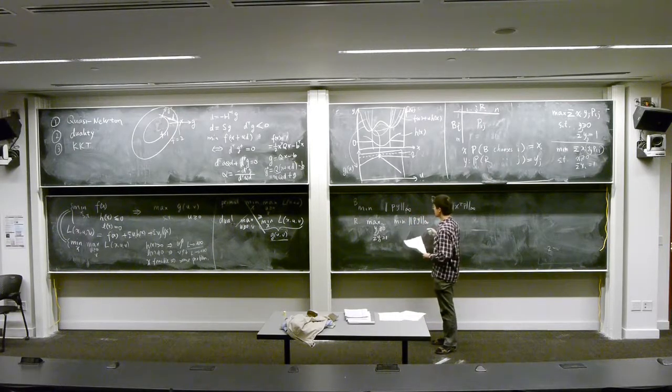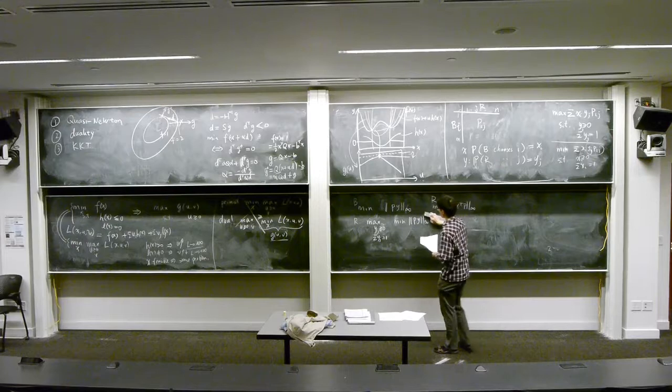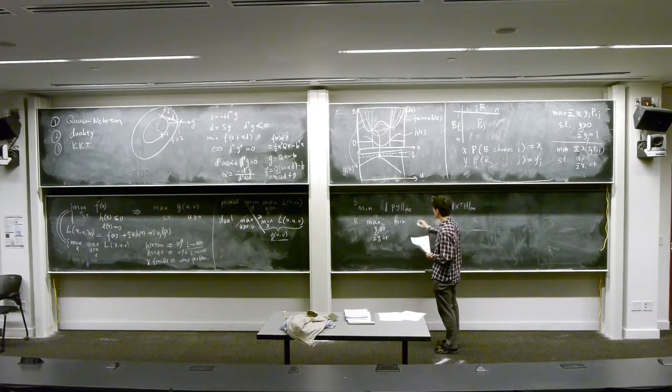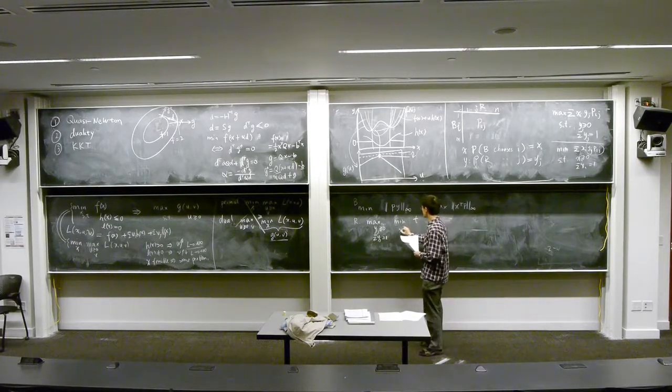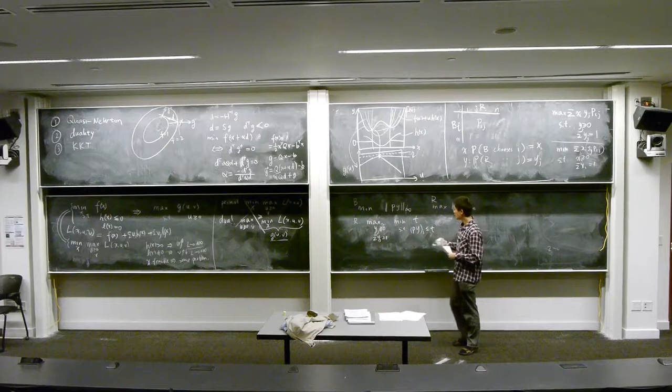And how do I write this infinity norm? I will just write a slack variable. Let me write a t here, subject to (Py)_i smaller than t. Right?